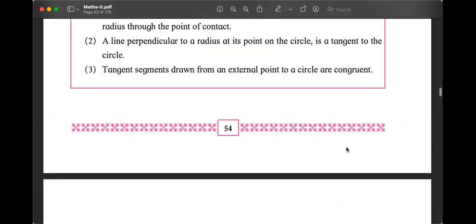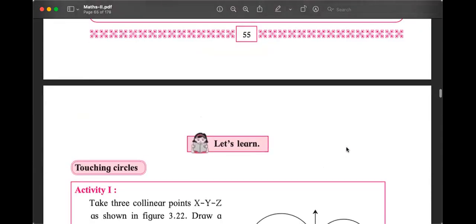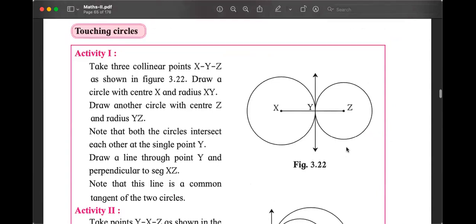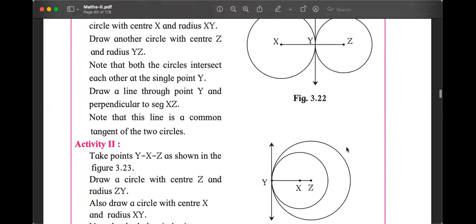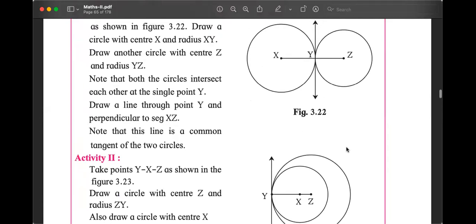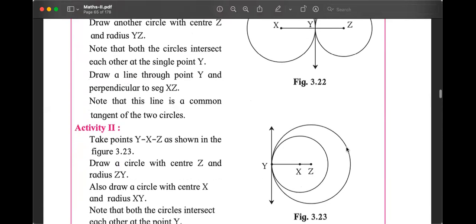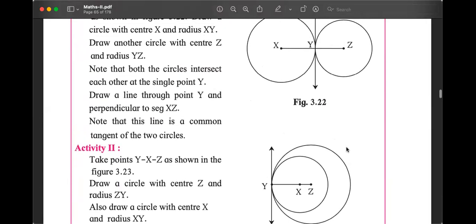In the last class, we studied touching circles, with respect to tangents and their centers. We realized that when the circles touch each other externally, or internally, there definitely is a tangent common to both the circles passing through the point of contact.